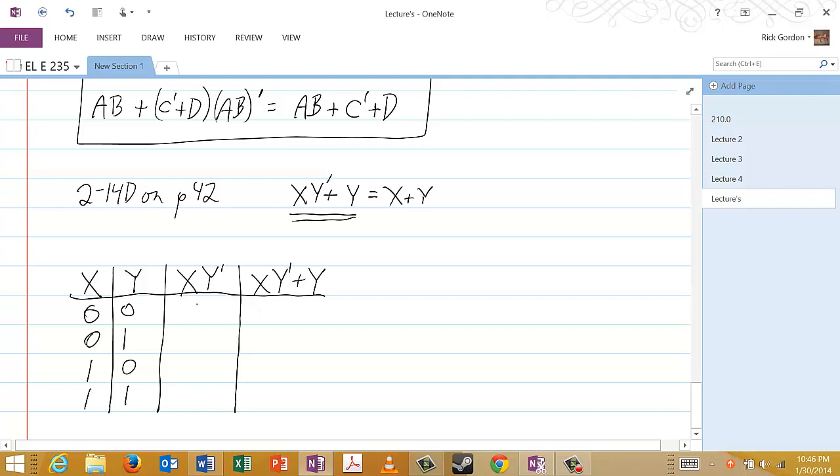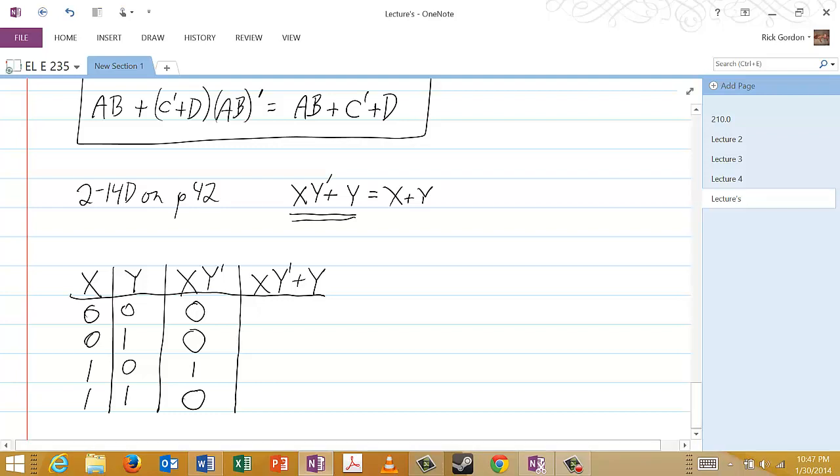So it doesn't matter what y complement is, these first two rows will give us 0 because x is 0. Now, in the final two rows, x is equal to 1, and so xy complement is the same as 1 ANDed with y complement, and 1 ANDed with anything is that thing itself. So in the last two rows we get y complement. Well, in this row y is 0, and the complement of 0 is 1, and in the last row y is 1, and the complement of 1 is 0. So that is the value of xy complement for each row.